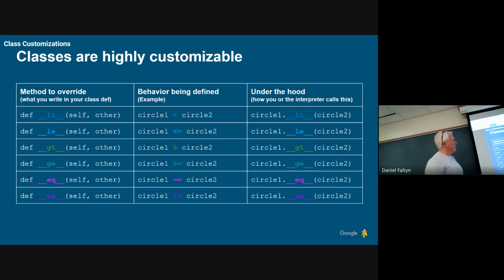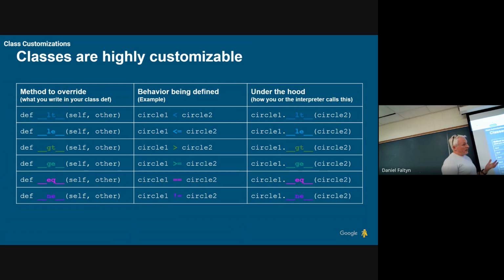When I want to compare any object, an integer, a float, a circle, a square, a menu item, whatever, there's this whole bunch of double-underscore internal functions. And you can kind of use your intuition on this. LT is less than, LE is less than or equal to, GT is greater than, GE is greater than or equal to. What do these do? Well, less than checks if instance 1 is less than instance 2.